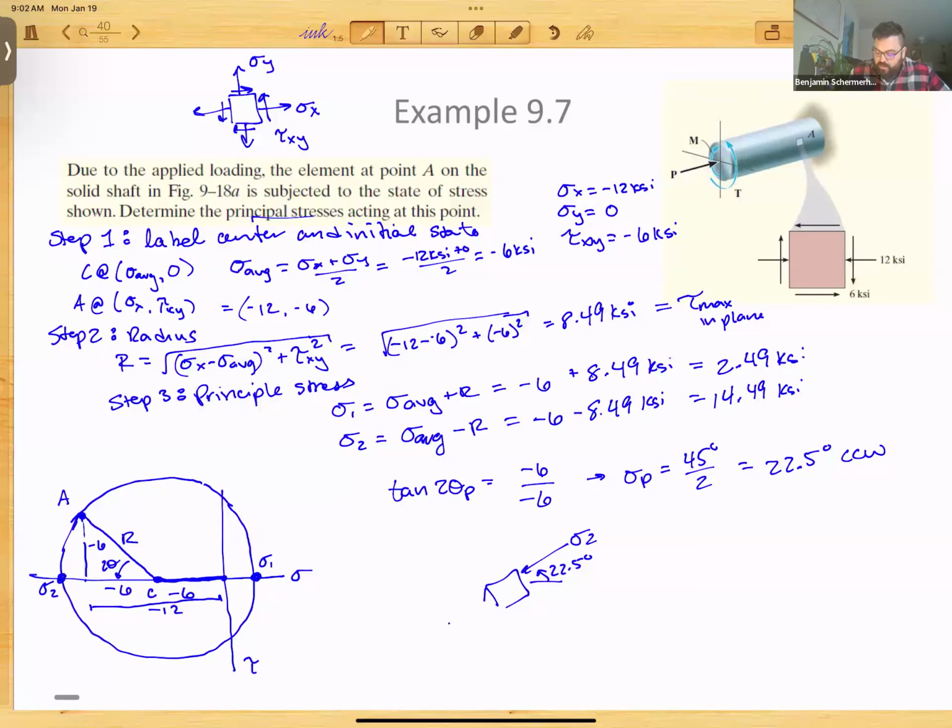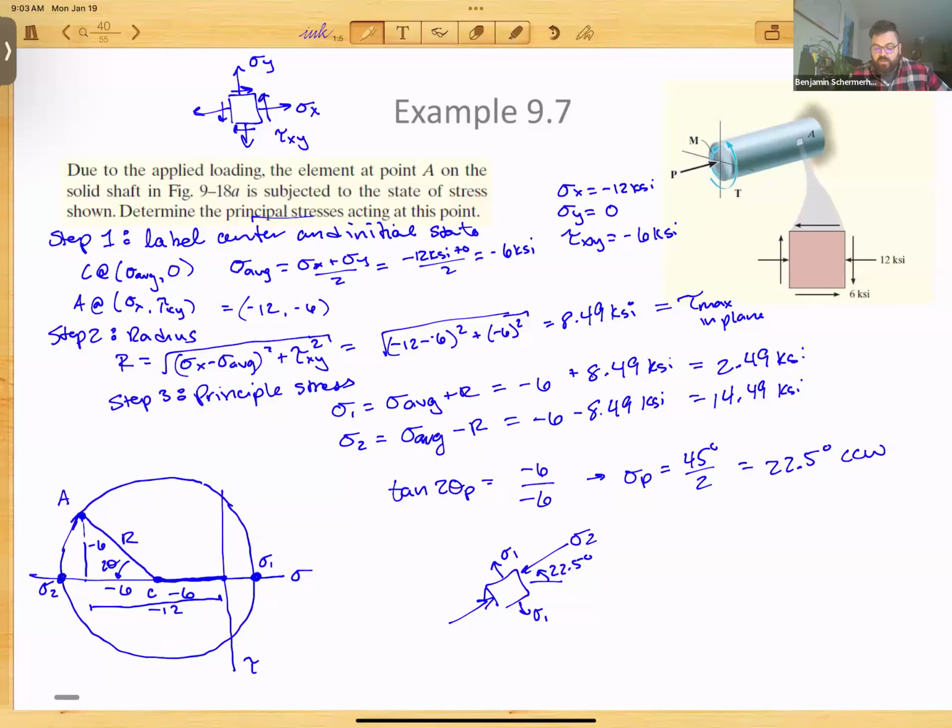Sigma 2 versus a smaller tension for sigma 1. Sigma 1 is always going to be the more positive value, not necessarily the bigger one. It depends on what we're looking at. So you can see that we've got a lot of compression at 22.5 degrees and then a little bit of tension. But that's it, right? That's Mohr circle.